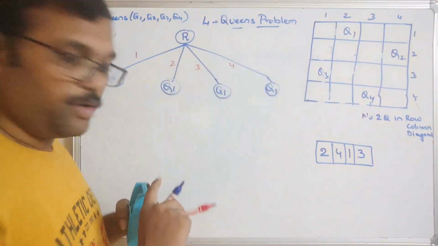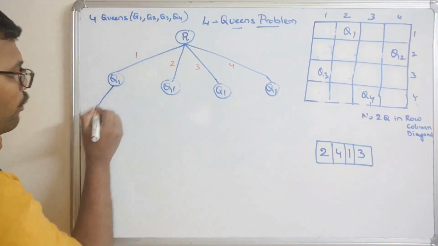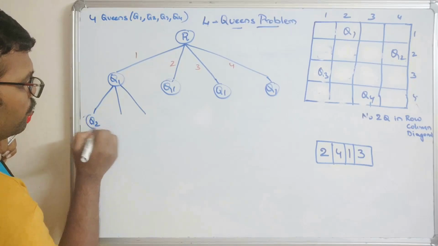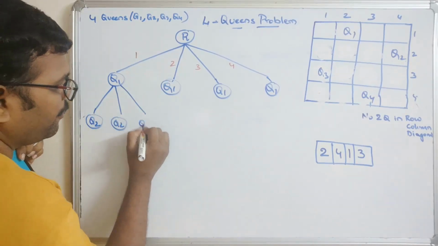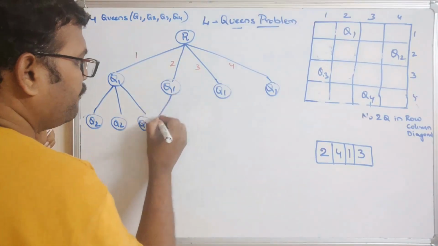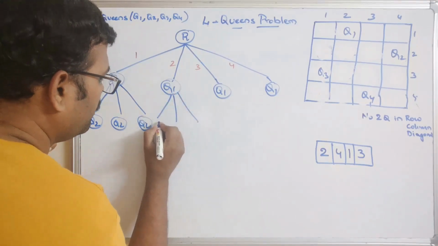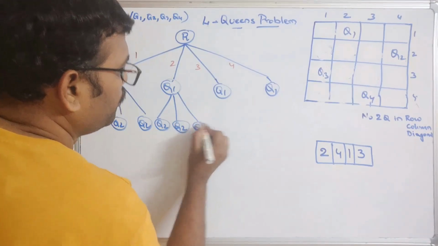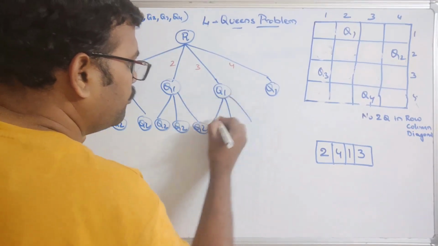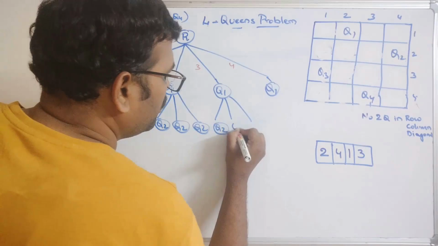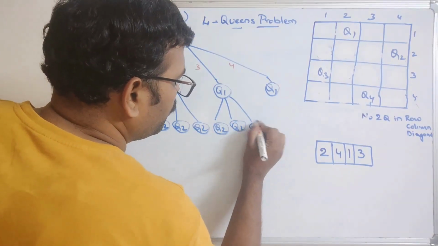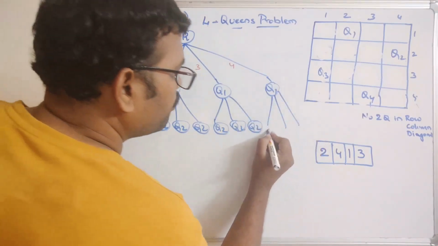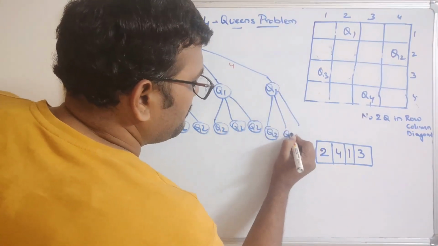After that, from Q1 we can get 3 more paths, Q2. And from here also we can get 3 more paths, Q2, Q2, Q2, and from here also 3 more paths.